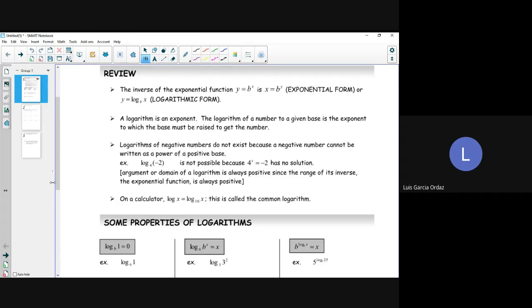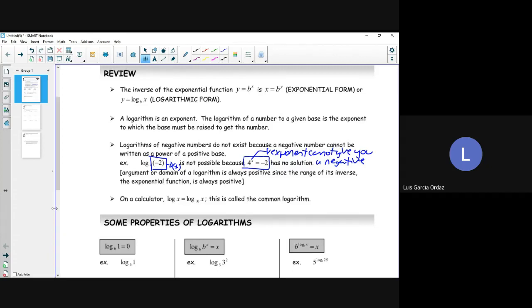This is because an exponent cannot give you a negative number, which means that this number has to be positive all the time. So on a calculator, log x is equal to log base 10 of x. This is called the common logarithm, which we learned about yesterday.